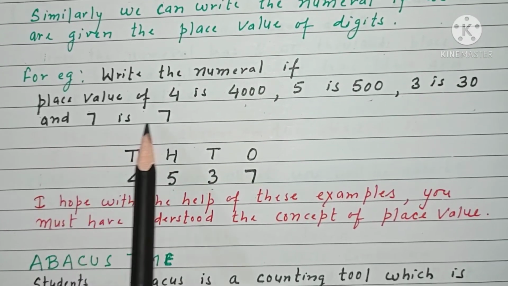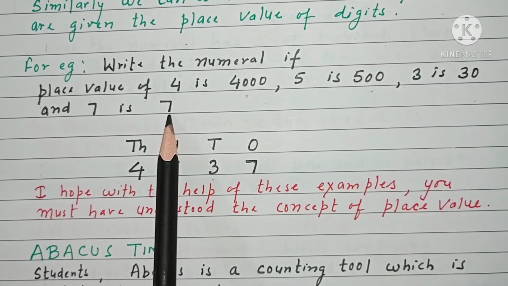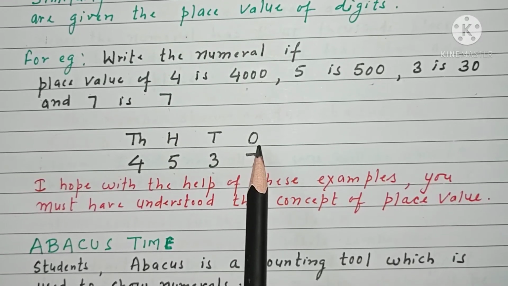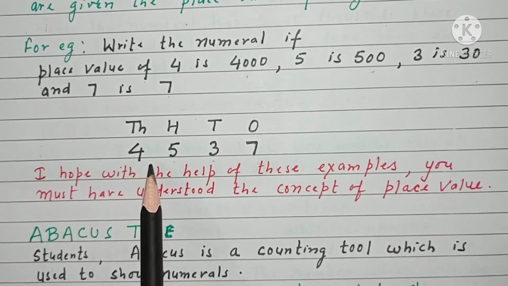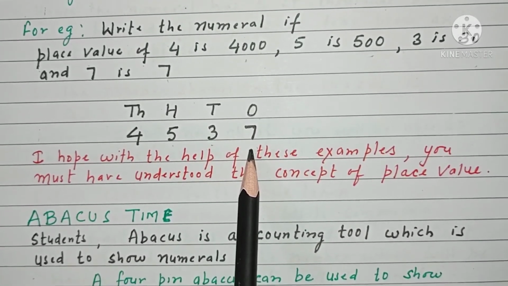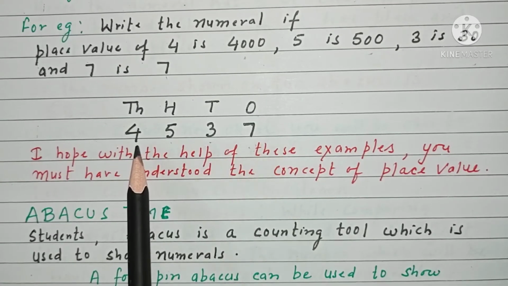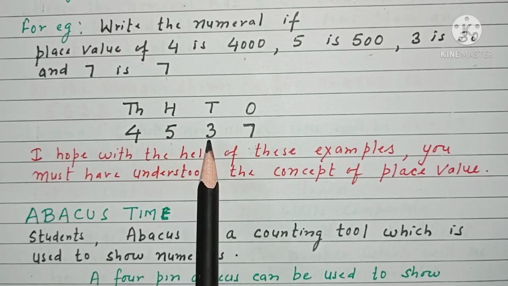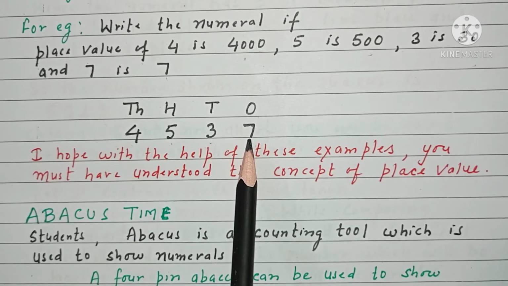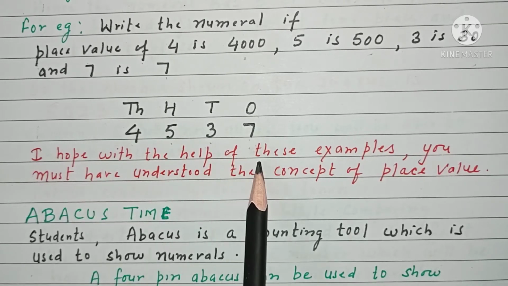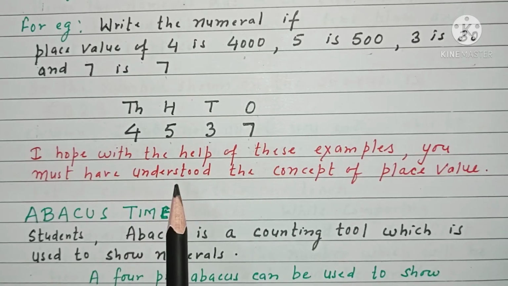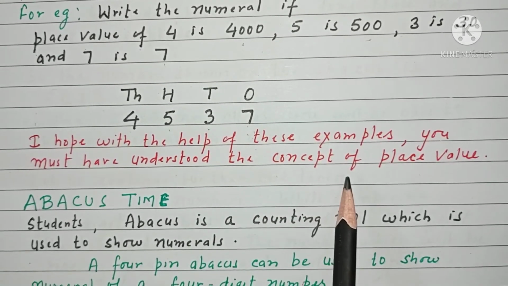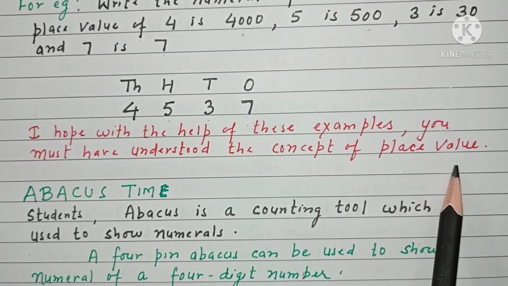And the place value of 7 is 7, which clearly says that 7 is at the ones place. So mentioning with the help of the proper place value, the number becomes 4537. So I hope with the help of these examples, you must have understood the concept of place value.